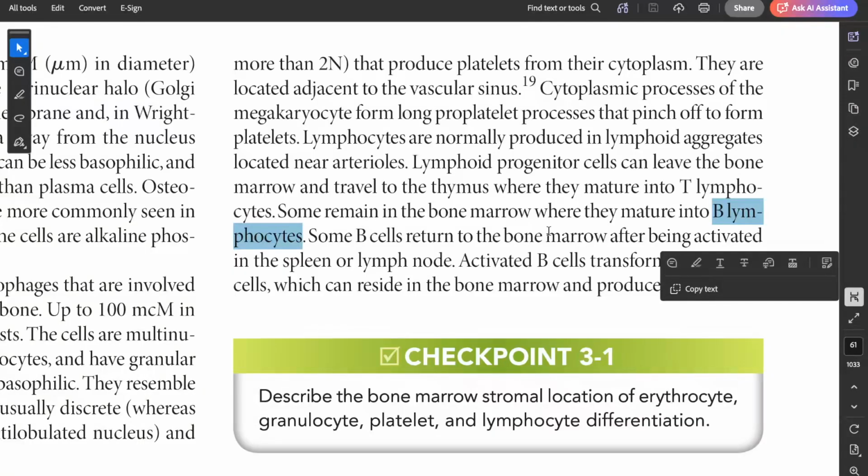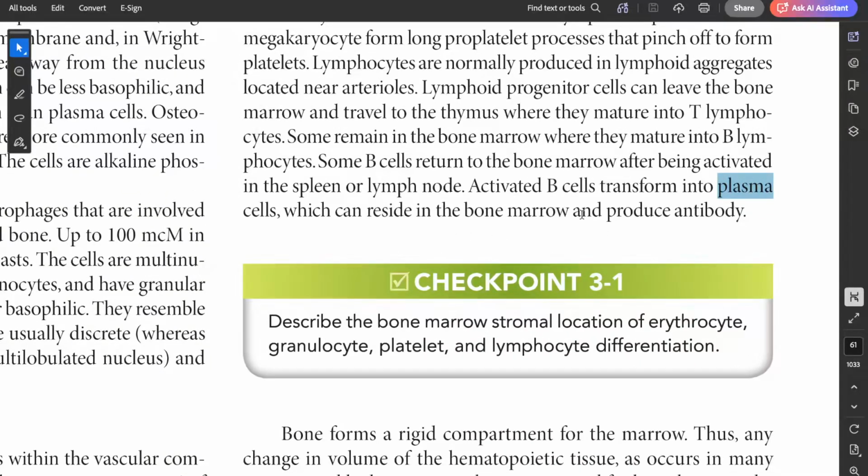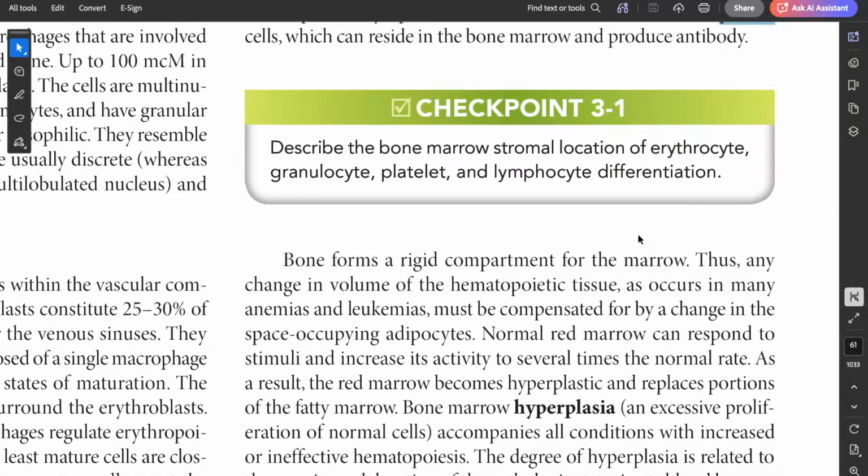Some B cells return to the bone marrow after being activated in the spleen and lymph nodes. Activated B cells transform into plasma cells, which can reside in the bone marrow and produce antibodies.